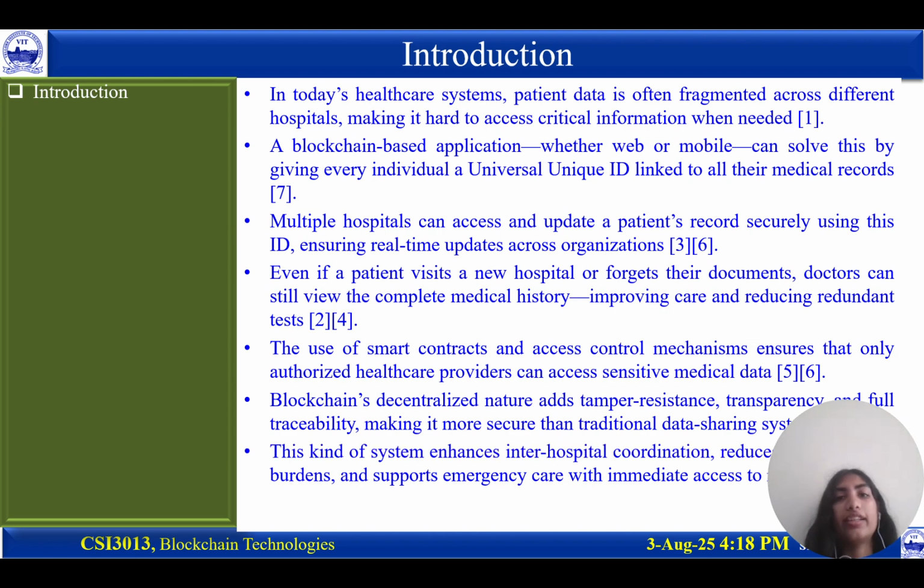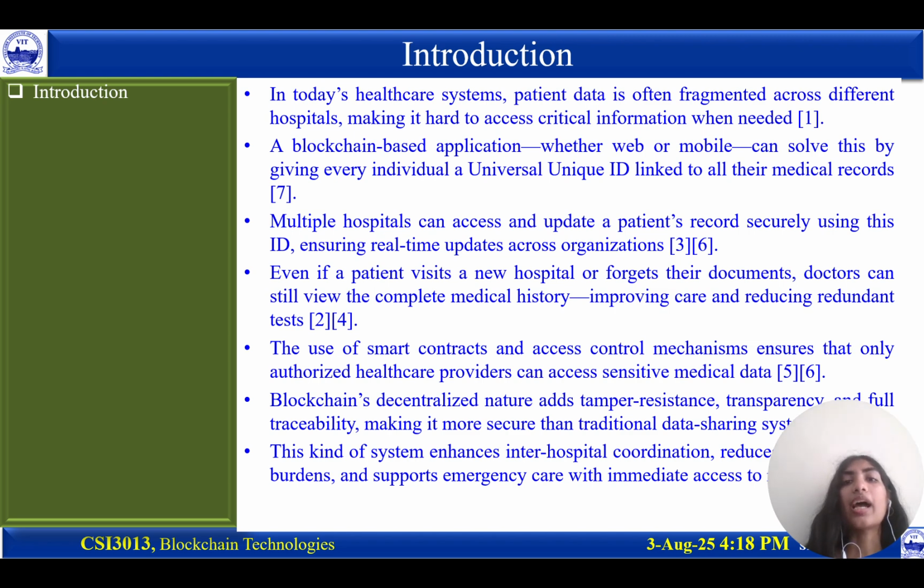In today's healthcare landscape, one of the biggest challenges is fragmentation of patient data across different hospitals and institutions. This often leads to delay in treatment, miscommunication, and in some cases, even misdiagnosis, especially in critical situations where immediate access to medical history is essential.